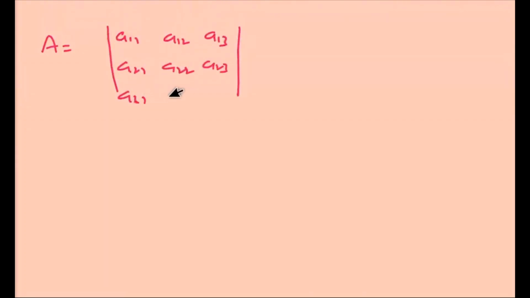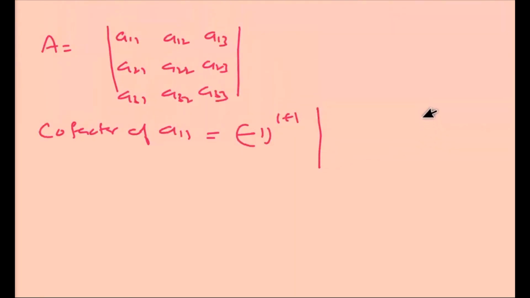Now in this determinant A11, A12, A13, A21, A22, A23, A31, A32, A33, the cofactor of A11 is equal to minus 1 to the power 1 plus 1, and you have to write here the minor: leave this row and this column, first row first column, what is left here is A22, A23, A32, A33.